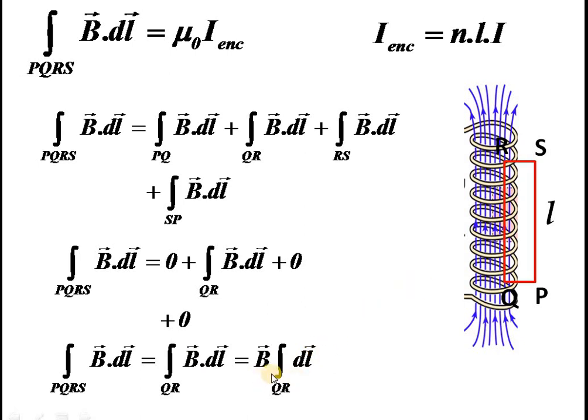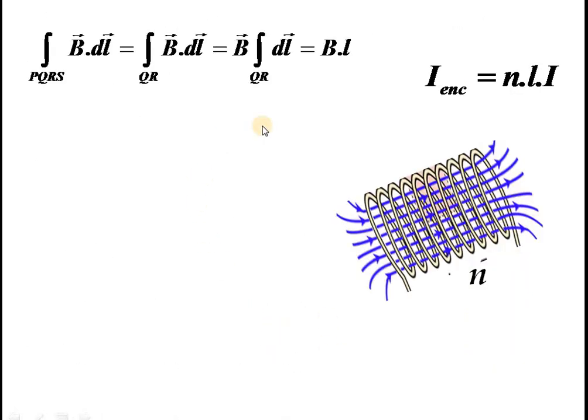Since they are in the same direction, you can avoid the vector notation because the angle is 0 and cos 0 is 1, so we can simply write B dl. The summation of dl will be l, the total length, so integral dl is l. So now the left hand side is B l, and the right hand side we already got.